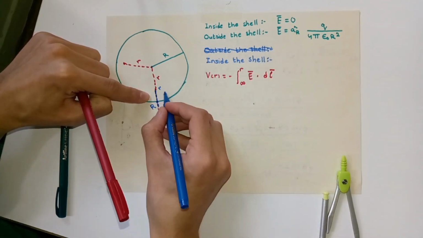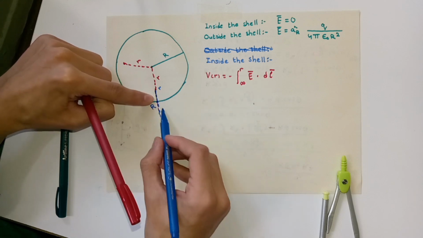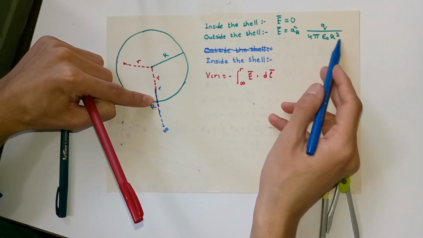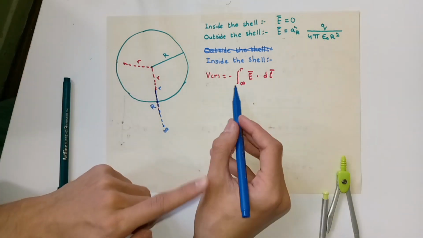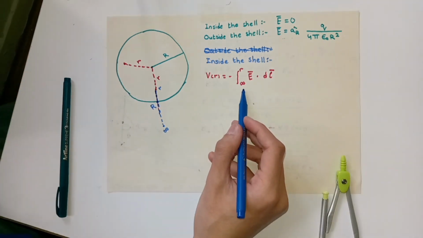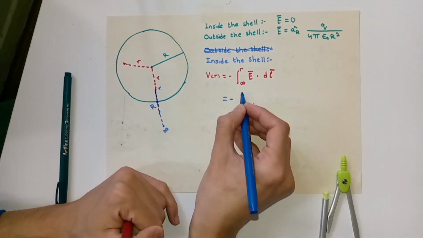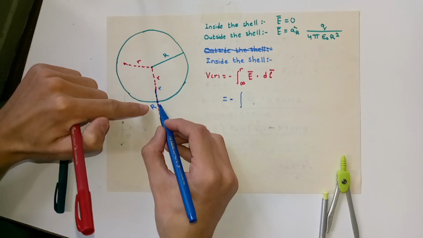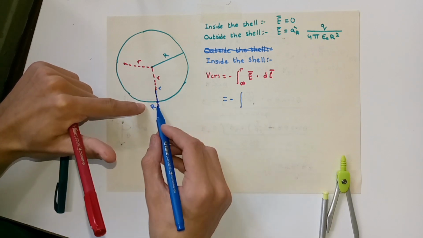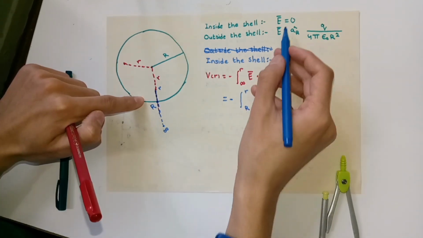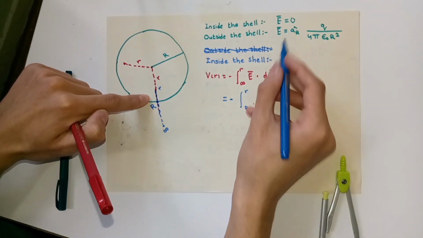So in this path, the electric field is 0. But in this path, the electric field exists and it's measured by this equation. According to this, this integral must be split into two sub-integrals. One starts at r lowercase and ends at capital R, and the electric field is equal to 0, so plug 0 directly.